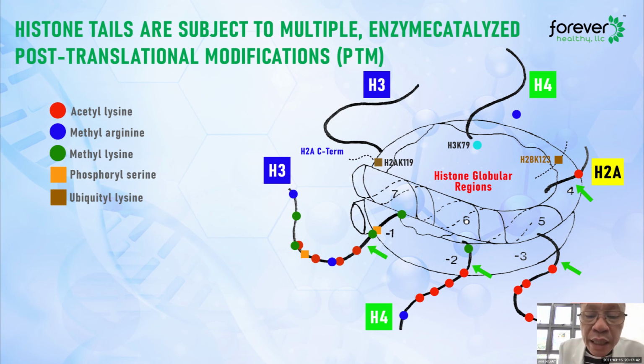Those are amino acids in that particular protein we call histone that regulates the expression of the recipe. So the histone globular regions, the H2AK119, the H3K79, the H2B terminal, and the H2BK120 are active sites upon which our modifiers act.